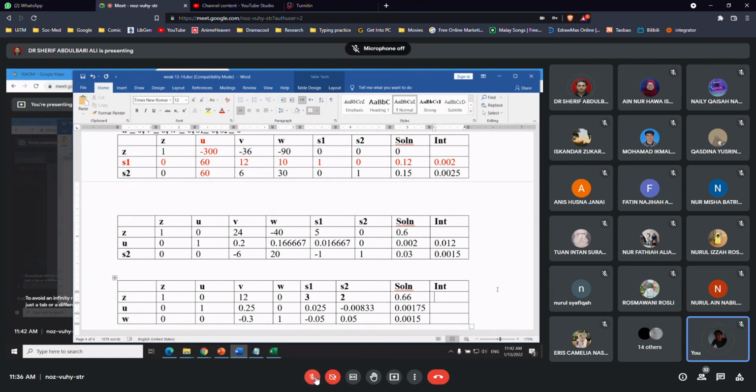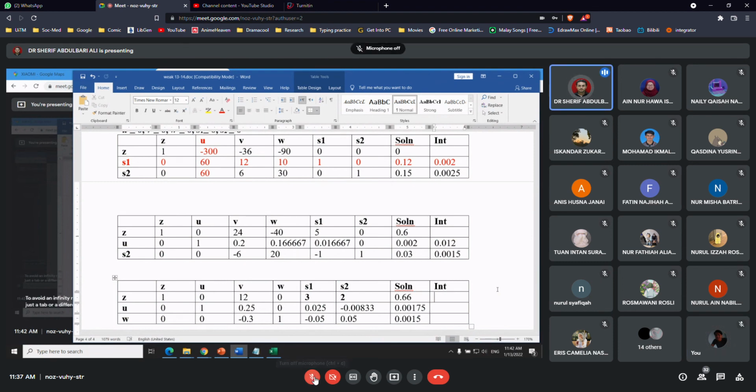Yeah. The first row is the objective function z. Okay.